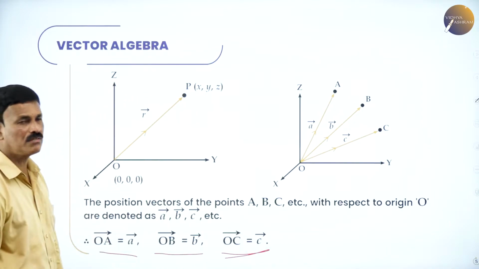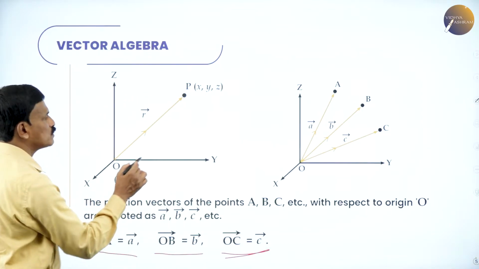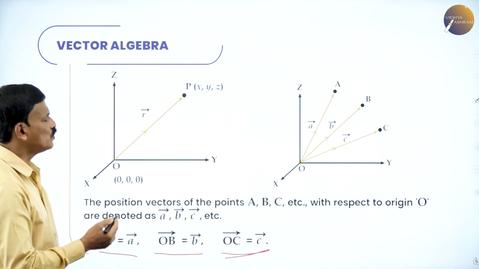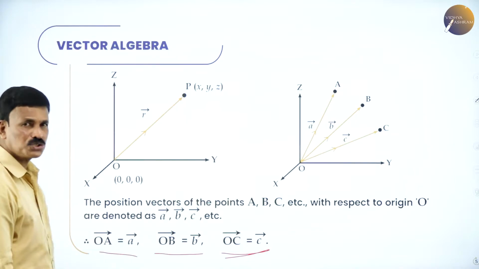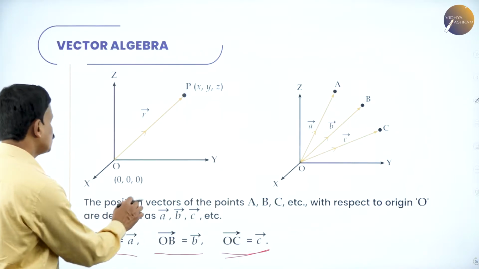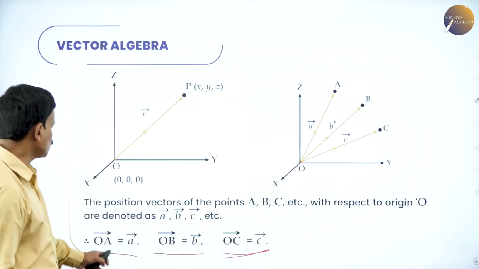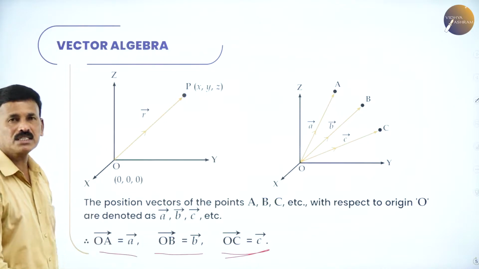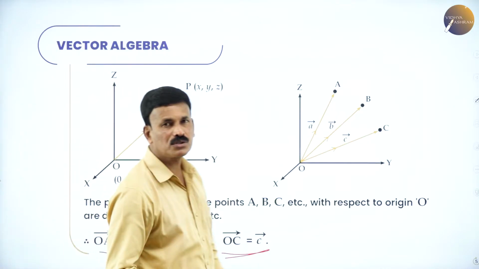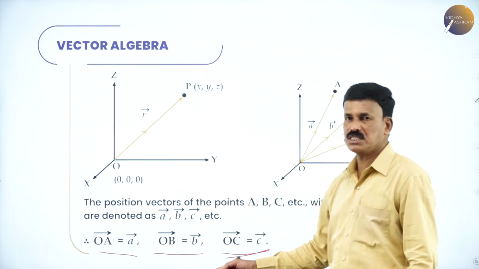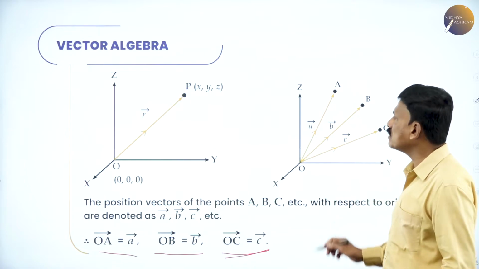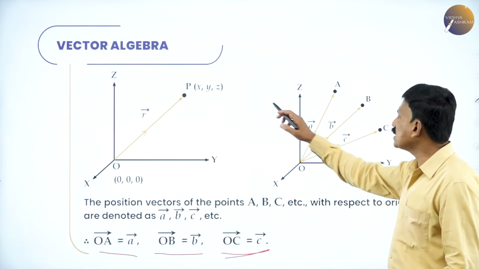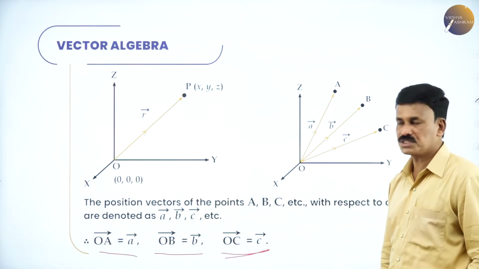These a, b, c are the position vectors of the points with respect to the origin.